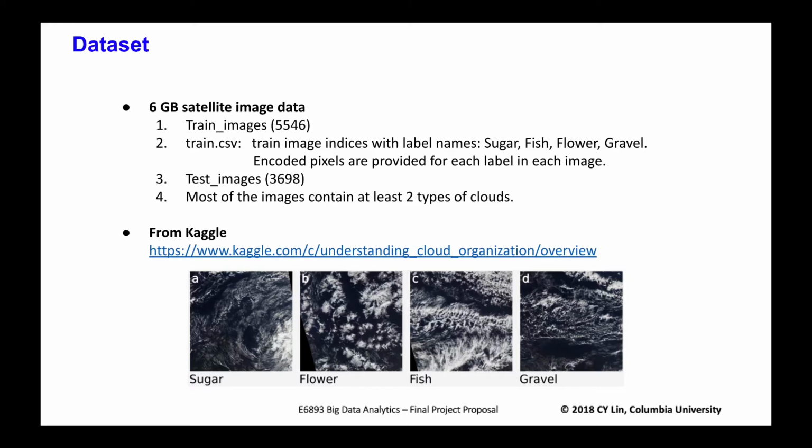Encoded pixels are also provided for each label in each image. We also have testing data, which only has images, about 3,000. Most of the images contain at least 2 types of those clouds.